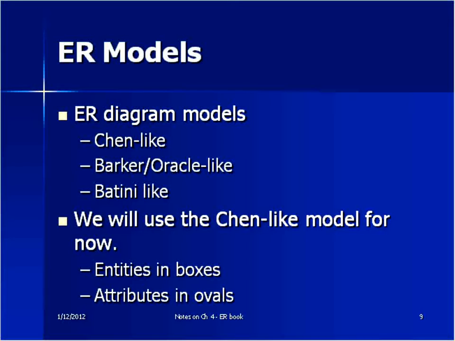So that's why we use the Chen-like model. So in the Chen-like model, we have some conventions. Entities are shown in boxes, attributes are shown in ovals.